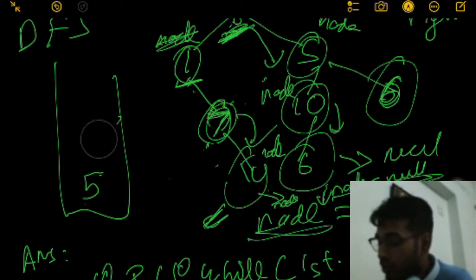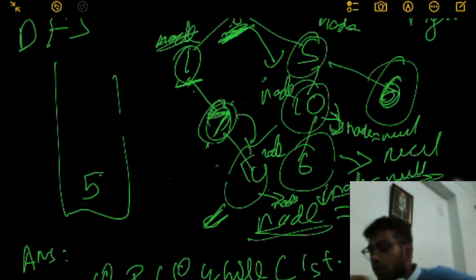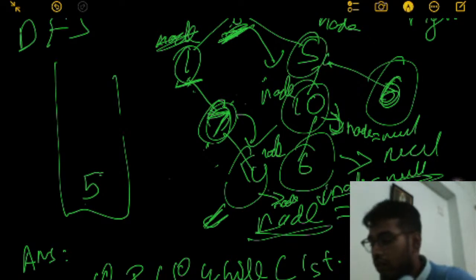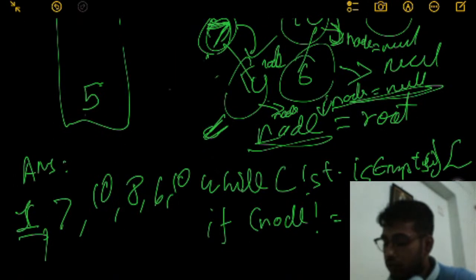Now we'll move node to the right of this 10, which is again equal to null. We have popped this thing, and so now we'll go to 5. We'll pop 5 now and add it to the answer list.